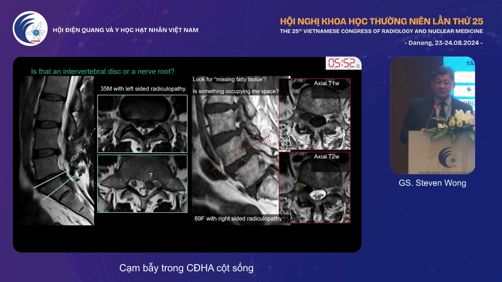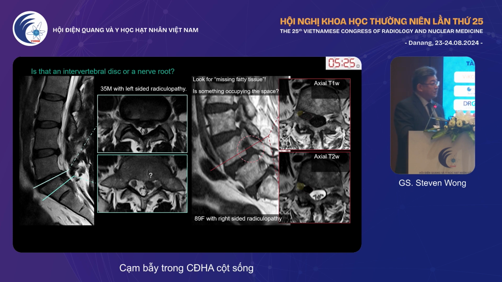Sometimes you have to decide, is it a disc or a nerve root? Because occasionally you will have two structures here. And this is where the sagittal comes in. All right, the sagittal image will help you decide where the low signal intensity structure comes from, and is it a disc protrusion that has extended caudally or in the cranial direction.